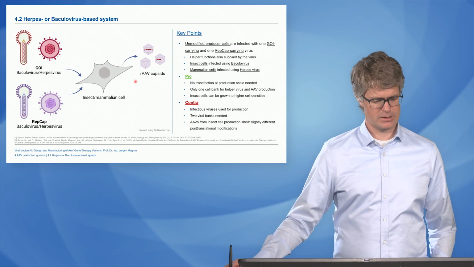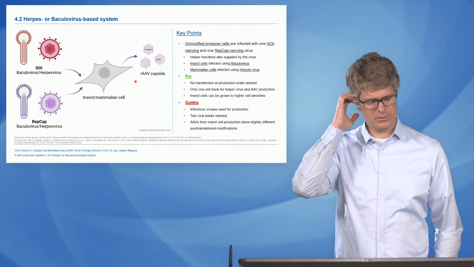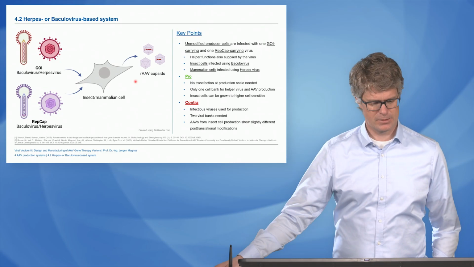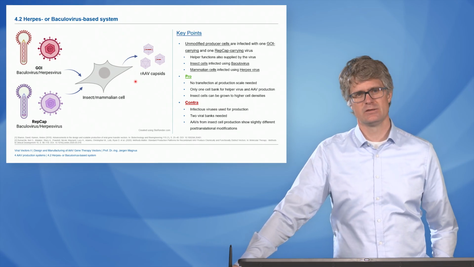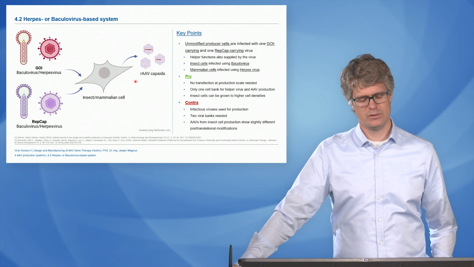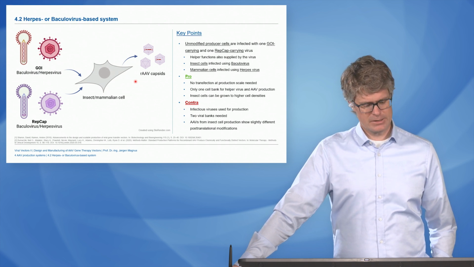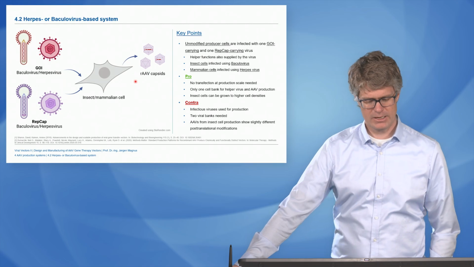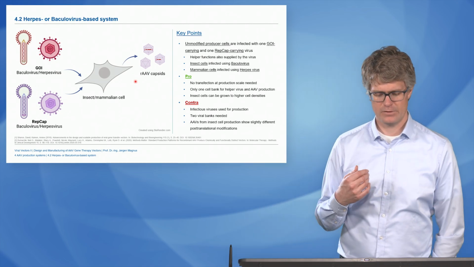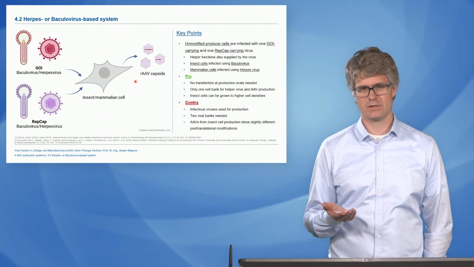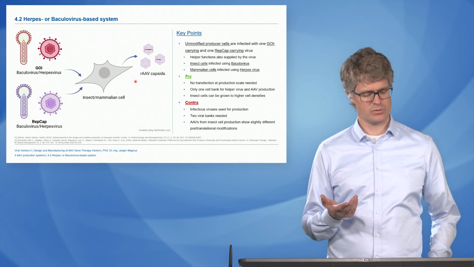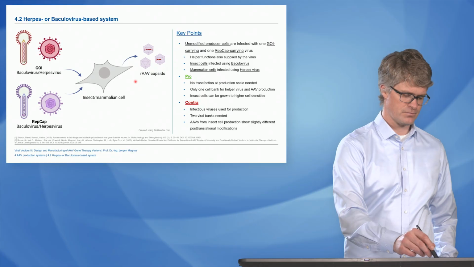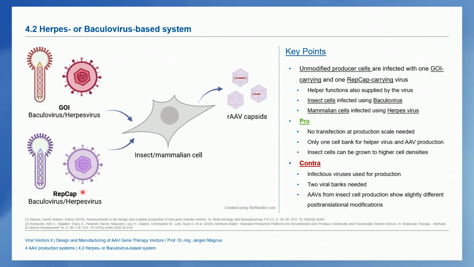Another way to do it is the system based on baculovirus. And baculovirus can infect insect cells, and you would use the SF9 insect cell line to do this. In that case, the baculovirus actually has the helper functions itself on its genome. So you only need two other elements, which is the gene of interest here and the rep cap genes.